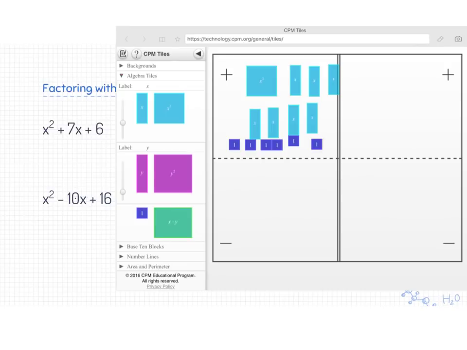Alright, so then what we need to do is make this into a square. So as I pull my x squared here, we can arrange these however we would like.